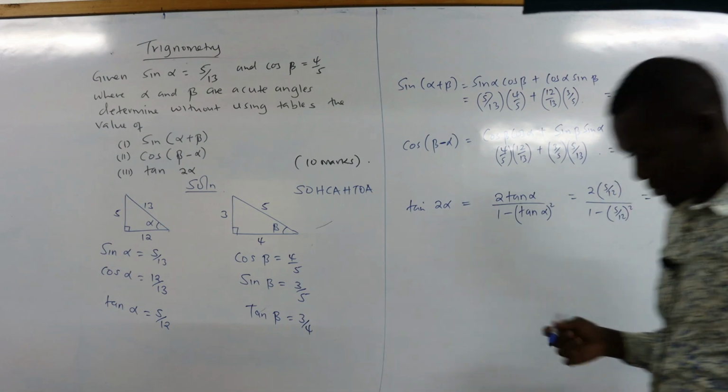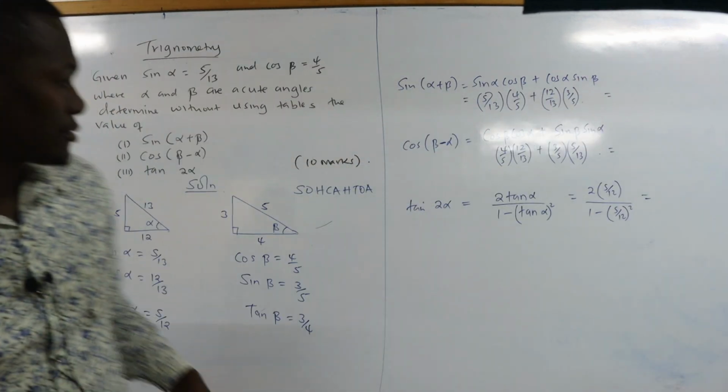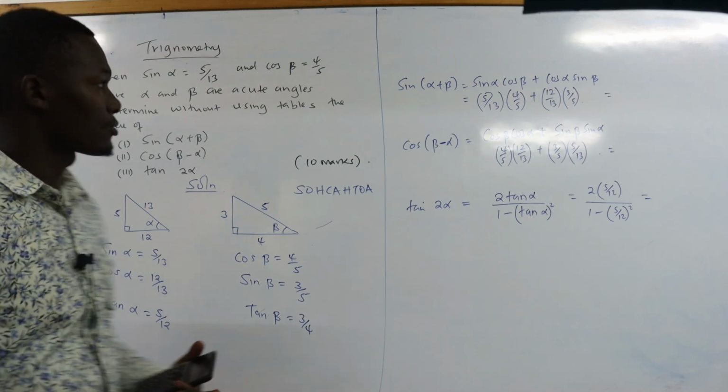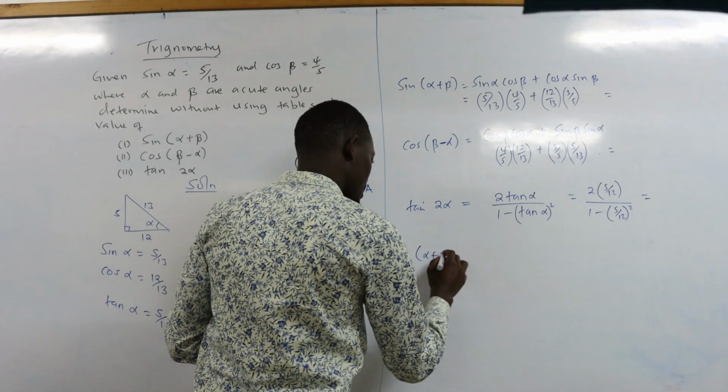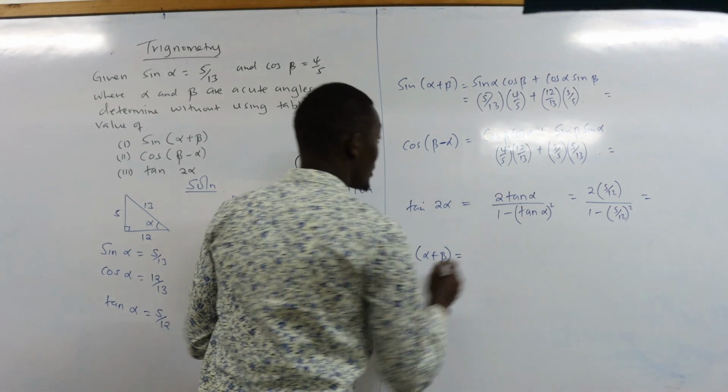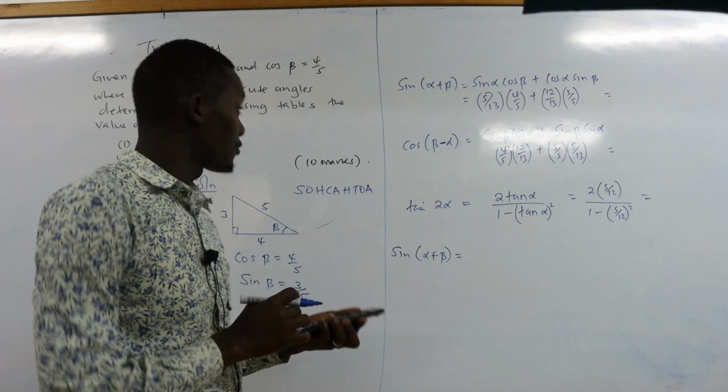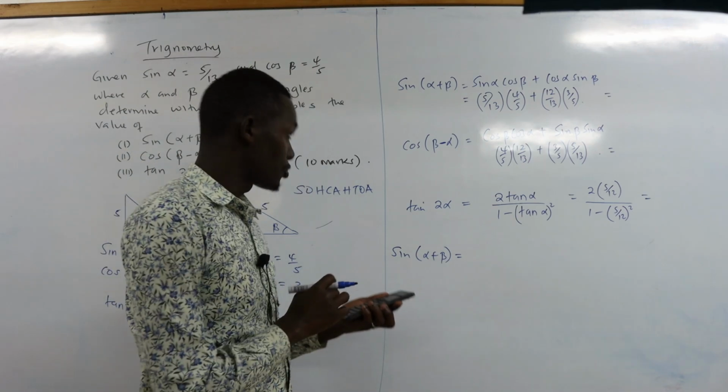So therefore, the first one, what do we get? Get your calculators and let us get working. For sine alpha plus beta, our answer will be, so have your calculators. Always remember to use brackets.